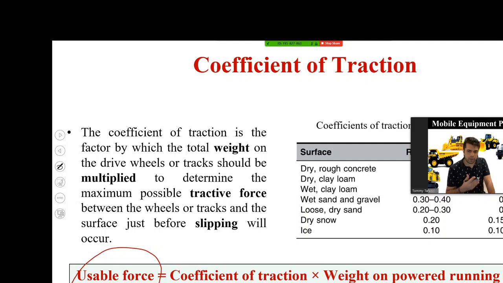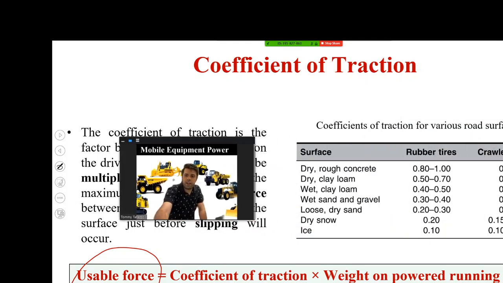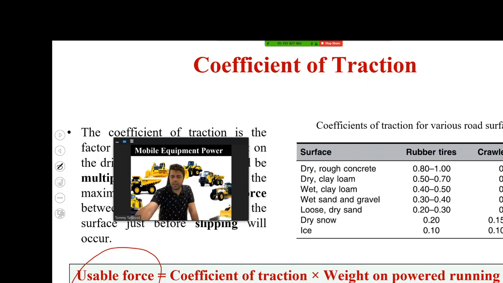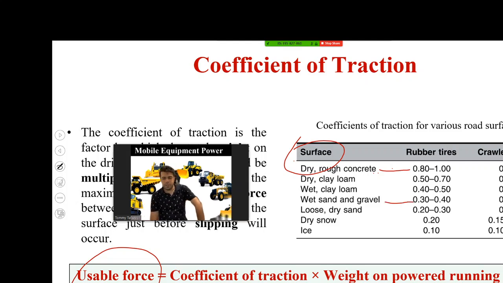The coefficient of traction is usually given to us, and it depends on the type of the surface, okay? As you can see, if you compare a dry surface with a wet surface, the coefficient of traction is higher. It means the usable force is higher on a dry surface.